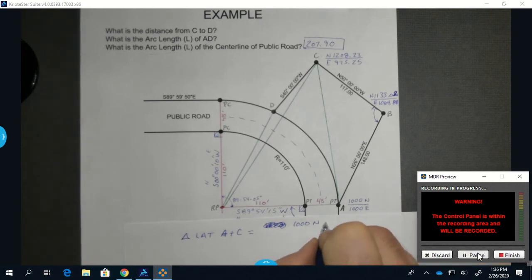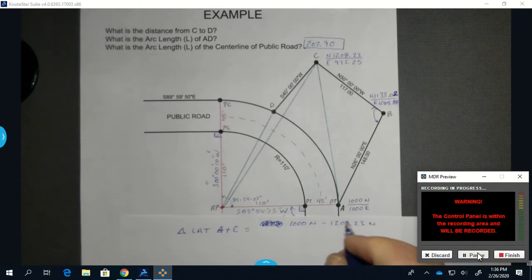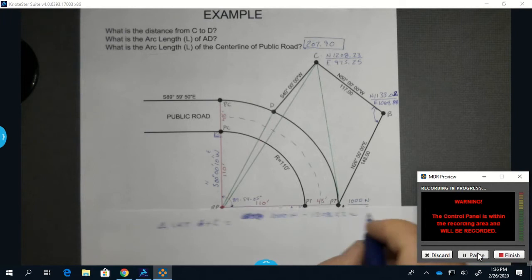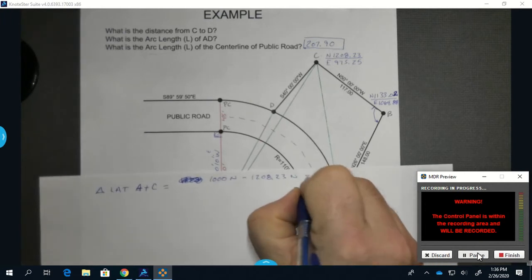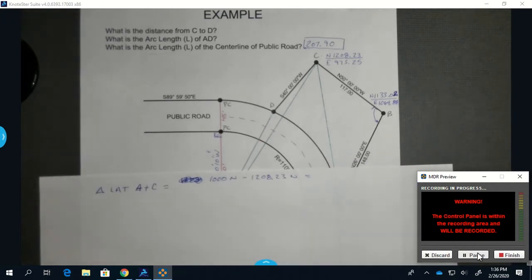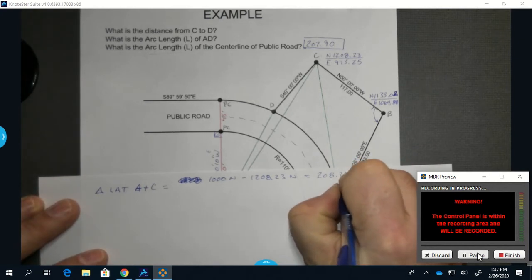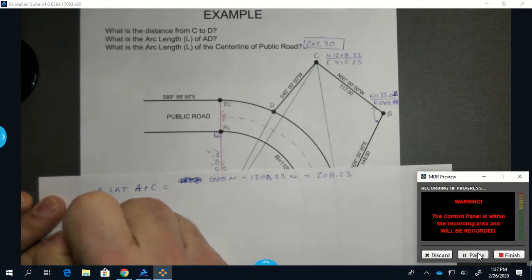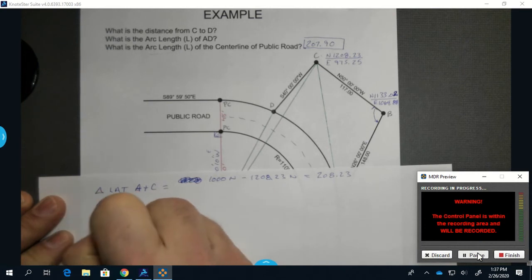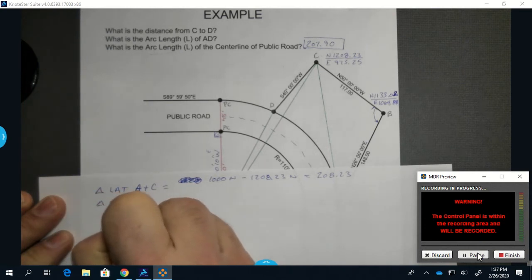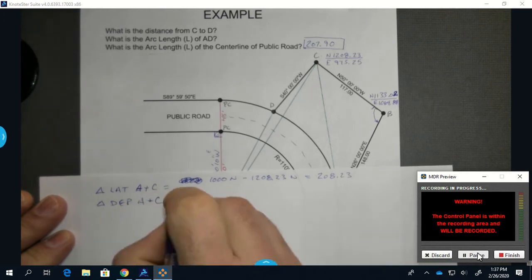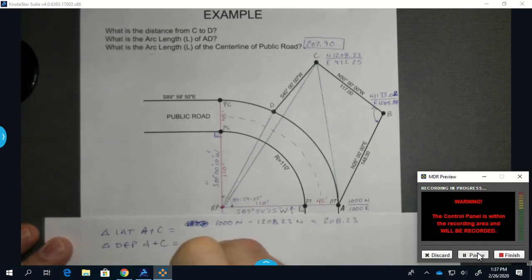Okay, and let's subtract 1208.23 in the northing. Okay, so that's a change in the latitude. If I subtract those, I'm going to get 208.23.